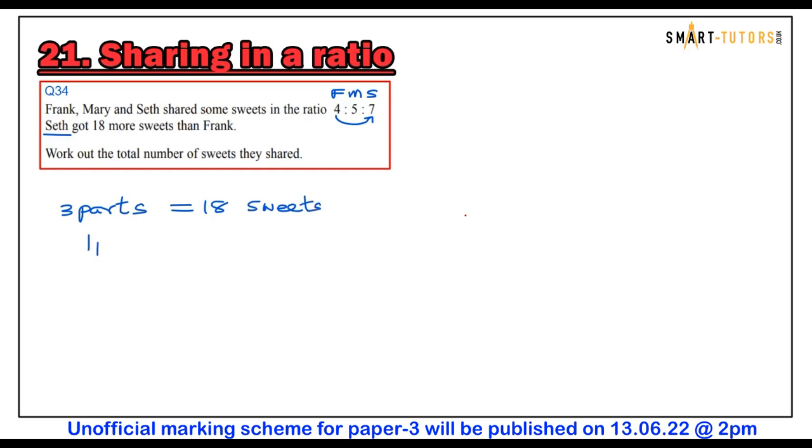Right? And 1 part is going to be divided by 3, so 6 sweets. 1 part, 6 sweets.